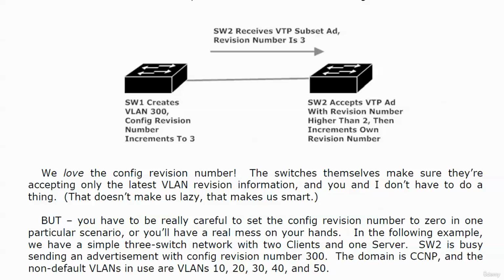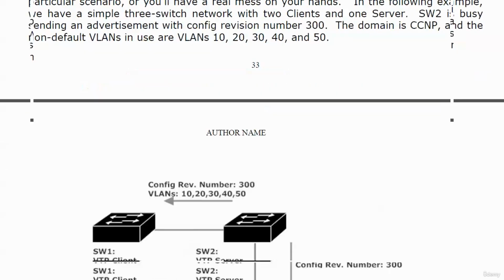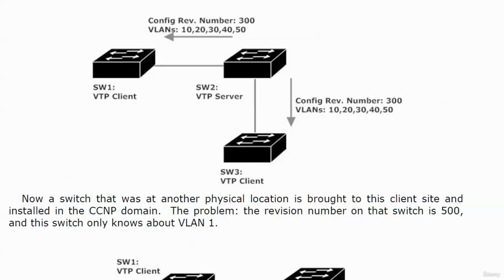Now in the following example, we're going to have a 3-switch network with 2 clients and 1 server. And switch 2 is busy sending an advertisement right now with config revision number 300. The domain is CCNP. The non-default VLANs in use are 10, 20, 30, 40, and 50. And there we go, just that simple.